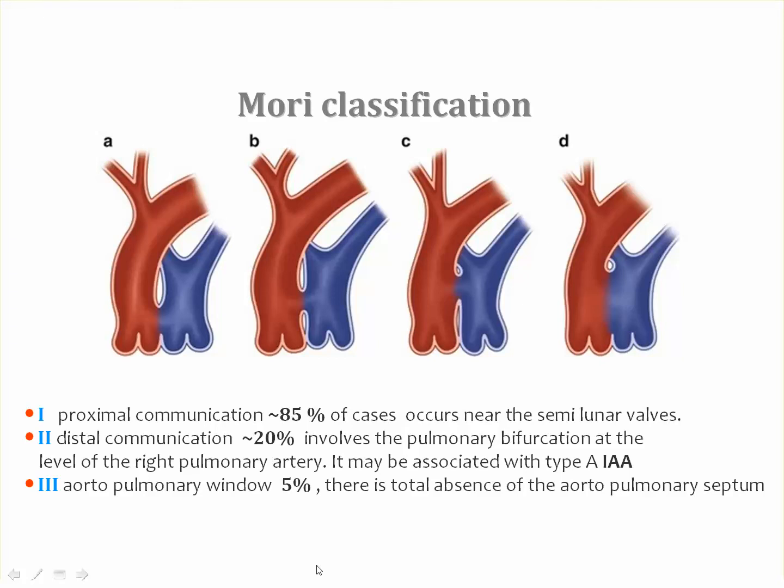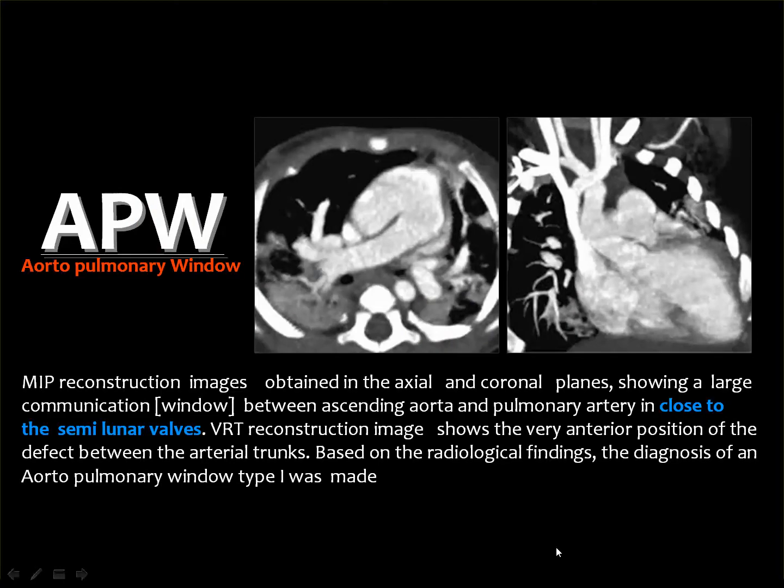The Mori classification of the aortopulmonary window, or the connections between the aorta and the pulmonary artery, includes this appearance and this one and this one, and the final type is total absence of the septum separating the pulmonary artery from the aorta. Then this communication occurs more anteriorly between the ascending aorta and the pulmonary trunk.